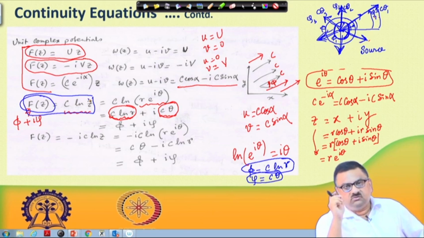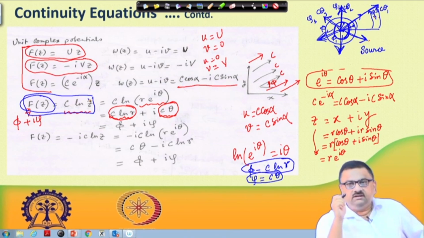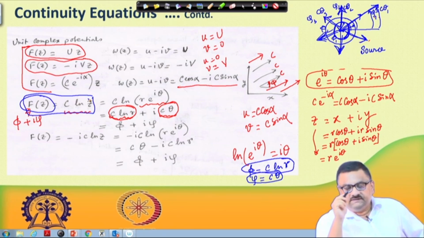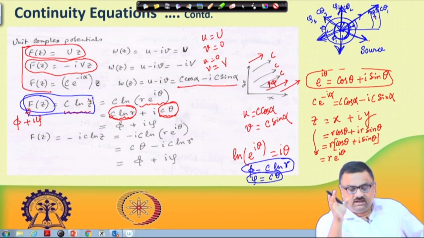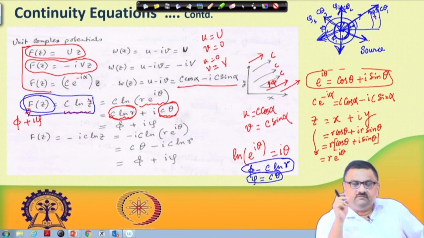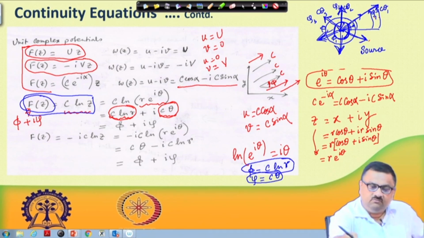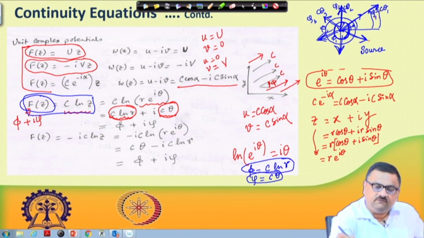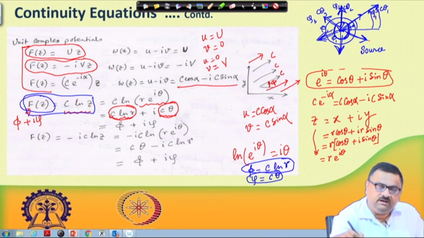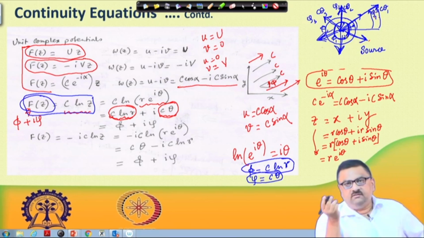It does not have to be a source alone, it can also be a sink, depending on the sign of C. If C is positive, it is a source, I agree, but if C is negative, in that case we have to talk about a sink. That means the streamlines would be inward. Instead of emerging out from a point, they will be directed towards a point. So then it will act as a sink.